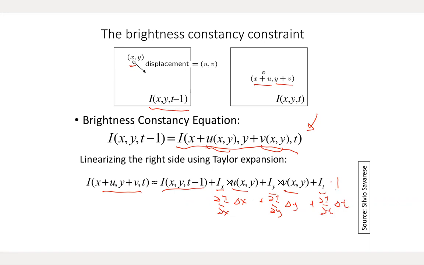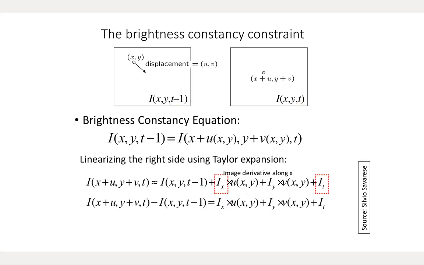In this case, delta t is just equal to 1, from t minus 1 to t. So it's just 1. Therefore I have this, and this should be the same. If I subtract that, the terms cancel, and I have this approximately equal to 0.